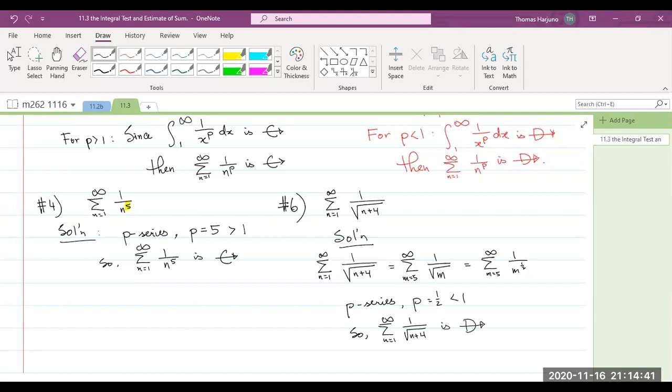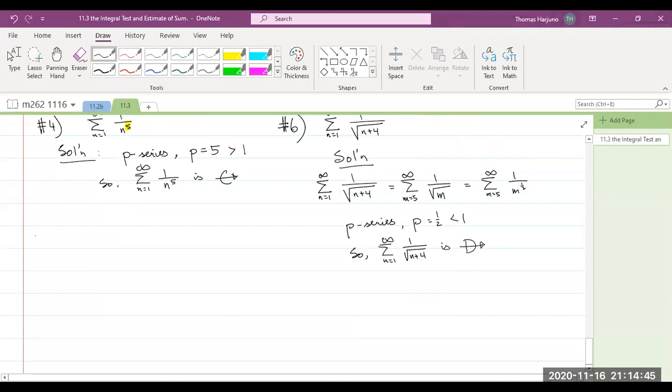That's for number 6. Let's see more. I think number 12 is quite interesting. We have 1 plus 1 over 2 radical 2 plus 1 over 3 radical 3 plus 1 over 4 radical 4 all the way to infinity. Is it convergent or divergent?